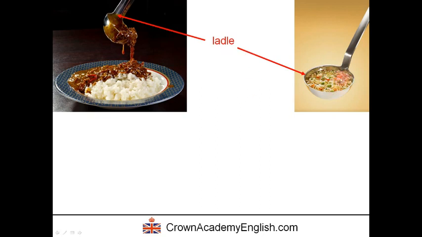So this one contains some soup, I think minestrone soup, and this one contains a sauce. It looks like perhaps chicken curry. So we serve soup and sauces with a ladle. Okay? Ladle.